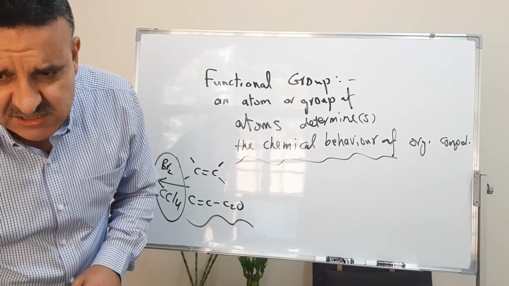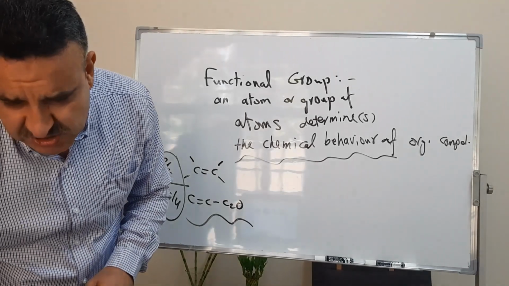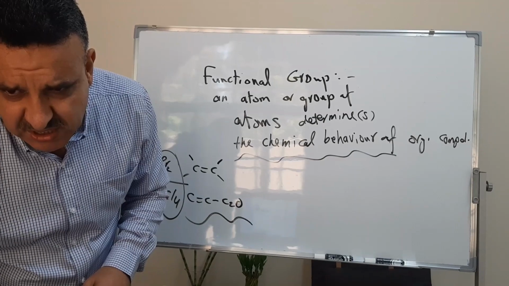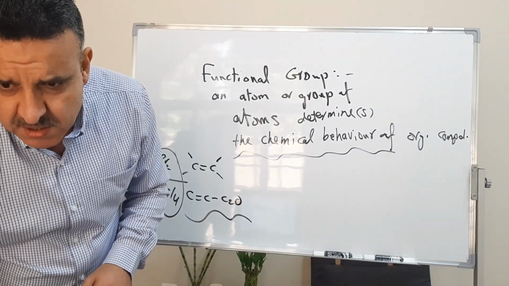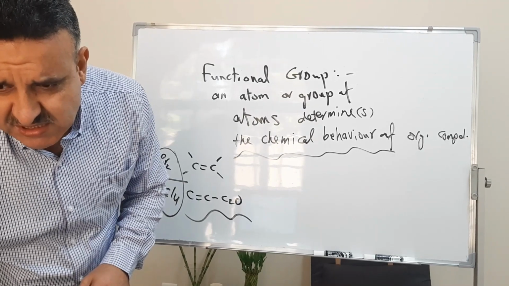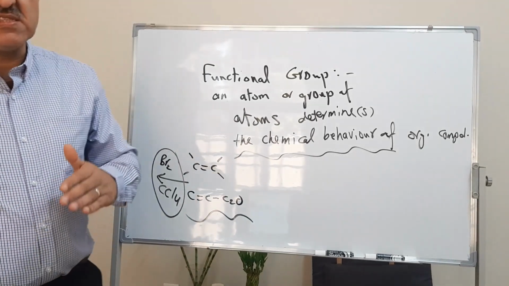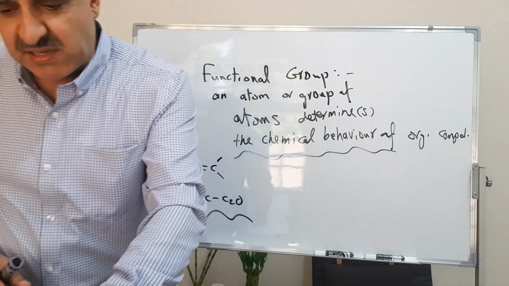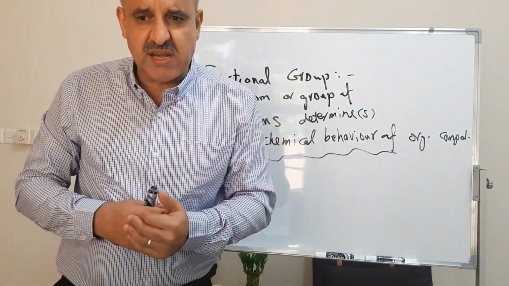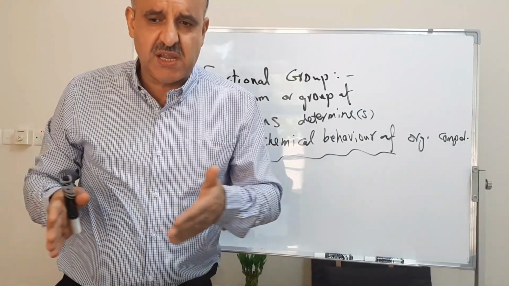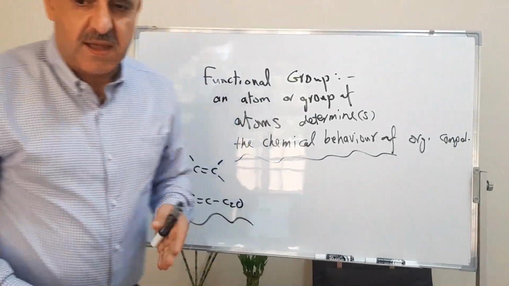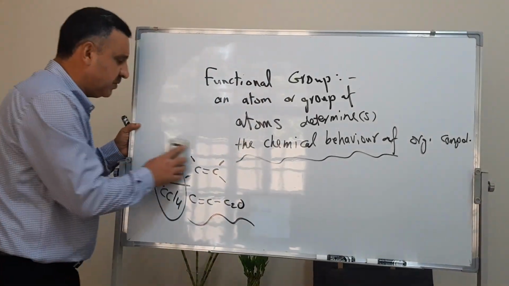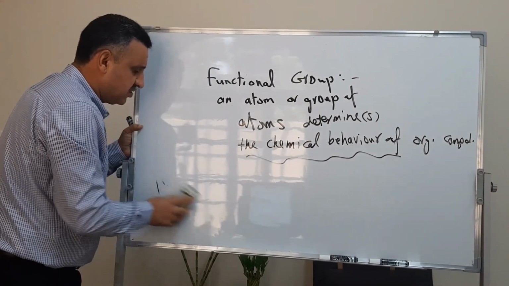Okay, so this is about the functional group. Now, I'm just going to mention the slide which I'm talking about. In slide number 4, as I said, since the functional group is the most important aspect of a compound, let's start introducing the functional groups which we will study during this course.